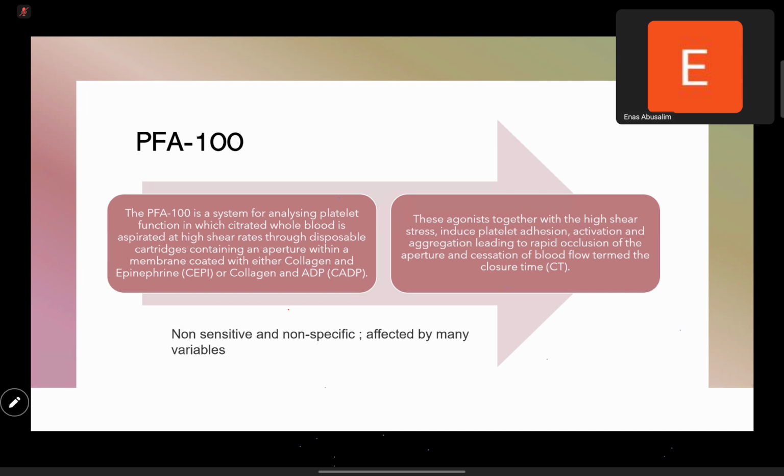Sometimes it's so severe to the extent that there's non-closure, meaning the bleeding doesn't stop from the other side of the tube.